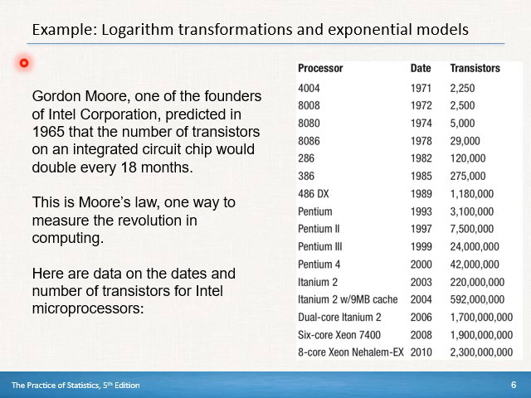And so this data shows the number of transistors on each chip and the date in which that processor that had those transistors was manufactured.